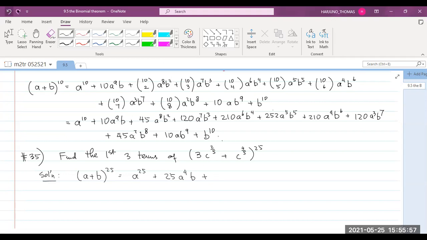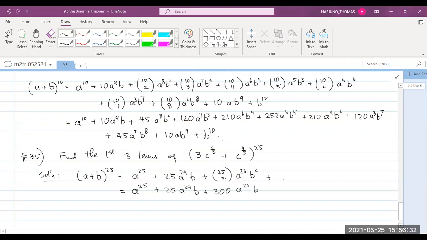That's 25 combination 2, a to the 23rd b squared. But we just need the first 3 terms, right? So this is a to the 25th plus 25 a to the 24th b plus 25 combination 2, 300, a to the 23rd b squared.